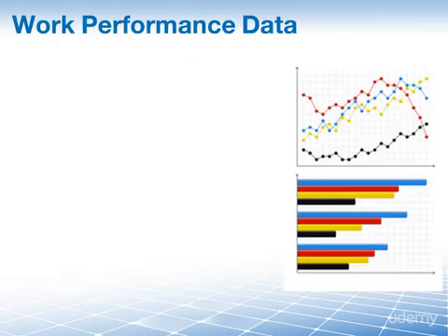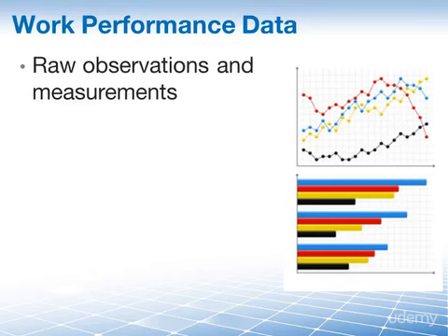And then our final input, work performance data, which we also discussed as an input in the direct and manage project work process. Again, our focus here is on how this data is used to control the scope of the project or product that we are working on. Work performance data are raw observations and measurements that were specifically chosen to track project progress and adherence to estimated indicators of performance.